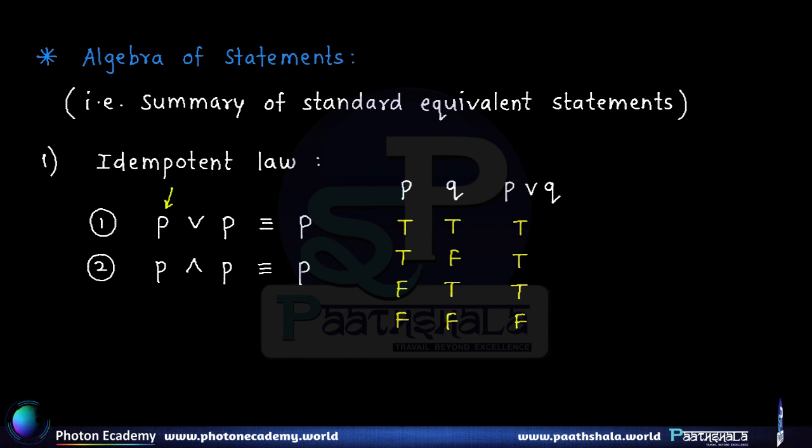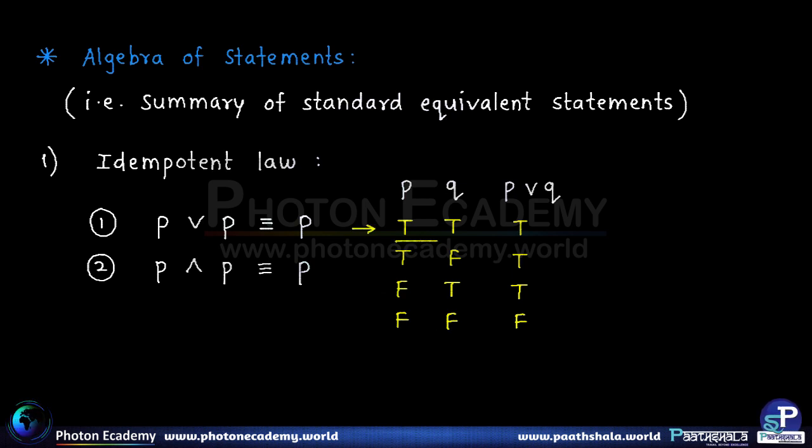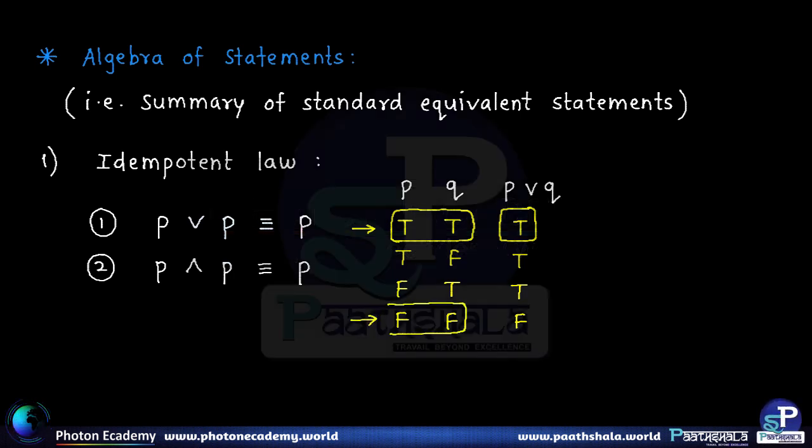If both the truth values of the two parts in the disjunction are the same, that is either both true or both false, let us look at what it means. When both are true, the answer of the OR is also true, isn't it? If both individual statements are false, the answer is also false, right? So this is the meaning of the idempotent law. The result will be the same as the individual truth value of that particular statement.